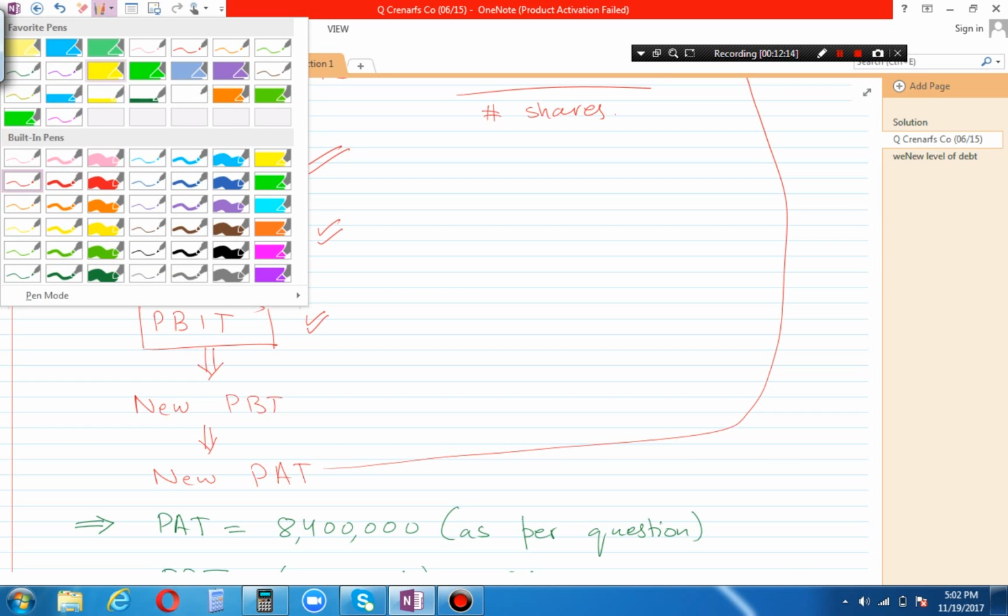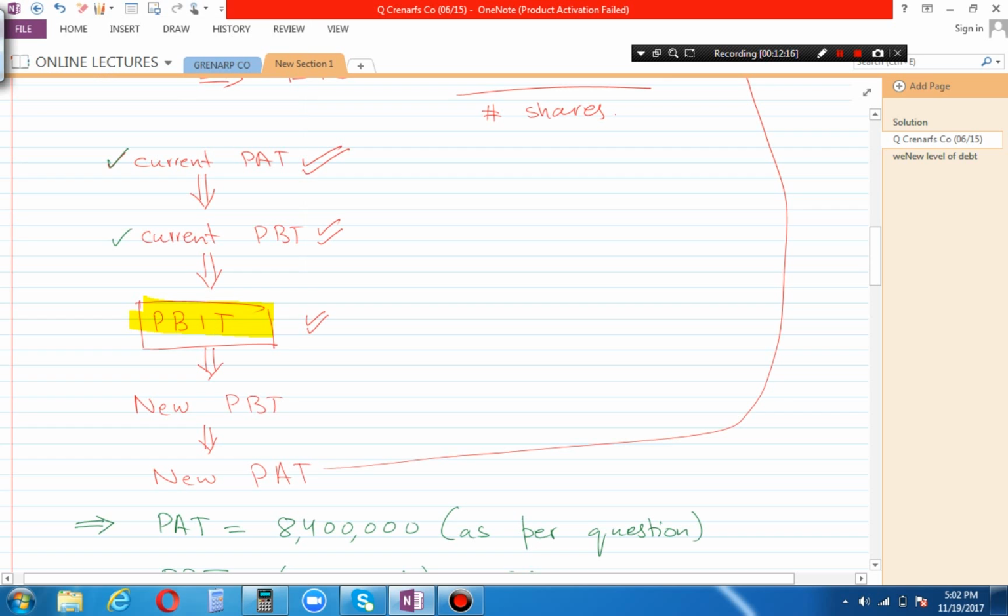Then this profit is not going to change with our level of new finance, because we don't have any level of new finance. We issued rights, we have the money, and we paid back some of the debt, right? So we don't have any extra finance. If you don't have any extra finance, the PBIT is not going to change. Why? Because PBIT is the profit that is not influenced by the way we finance our company.